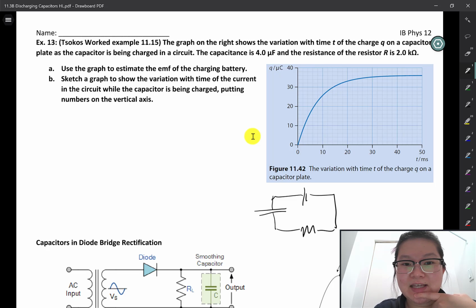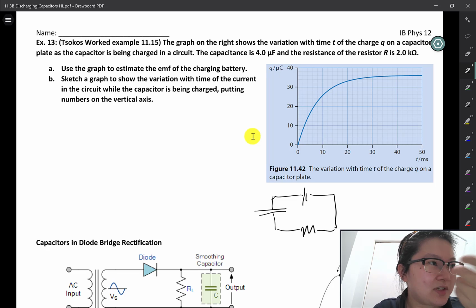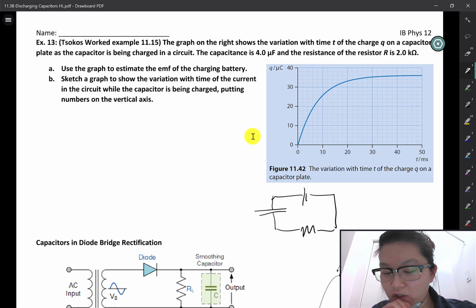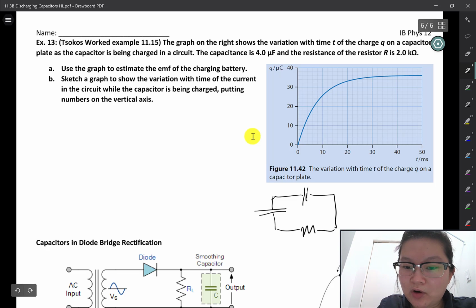To find the EMF of the charging battery, using the resistor, I could find the maximum current to find the EMF. Near the beginning of the charging process I don't have the maximum current; it's not given in this question. The only other way is to look at the end of the charge, where there will be no current flowing.